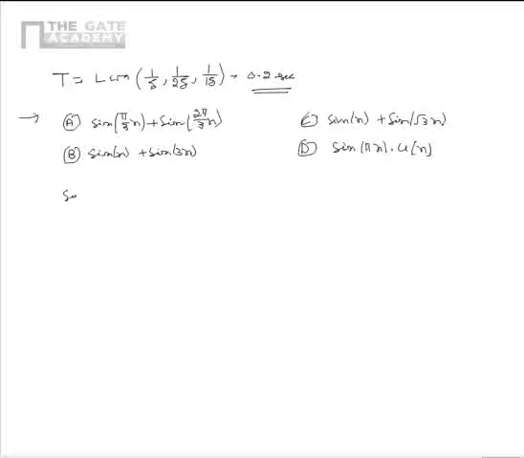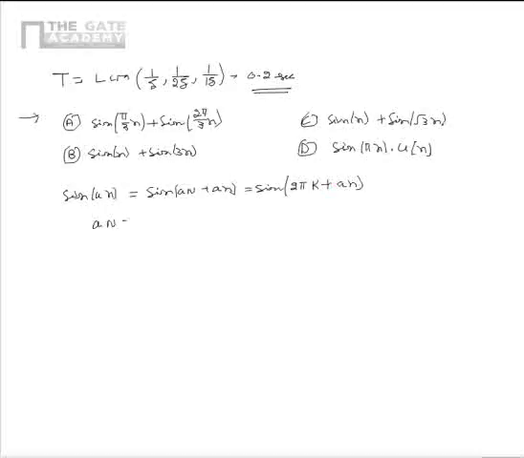We know that a signal sine of a n is periodic if sine of a into capital N plus n is equal to sine a n. So for that, this should be equal to sine of 2 pi k plus a n.